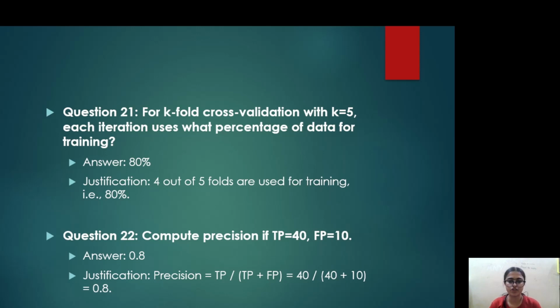So in each iteration, one fold is used for testing and 4 folds are used for training. So training data equals 4 out of 5 parts. So in percentage terms, we can write that training percentage is 4 divided by 5 into 100, that is 80%. So in each iteration of 5-fold cross validation, 80% of the data is used for training and 20% of the data is used for testing.